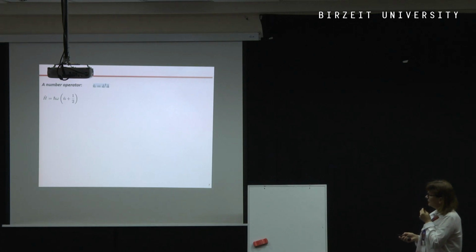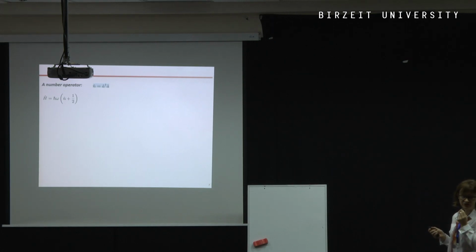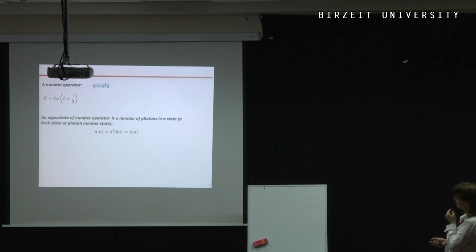So here you are. So Fock state is actually the quantum radiation or non-classical radiation that I would like to spend some time on. And this state of radiation is by definition an eigenstate of a number operator.